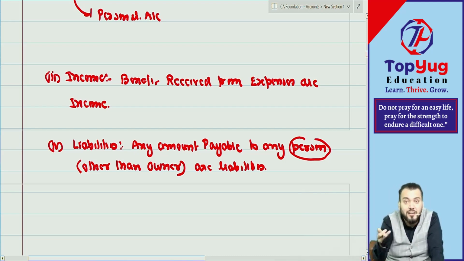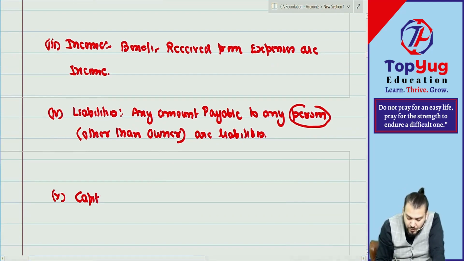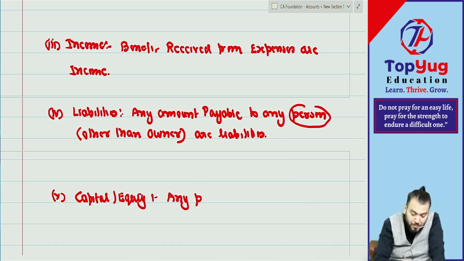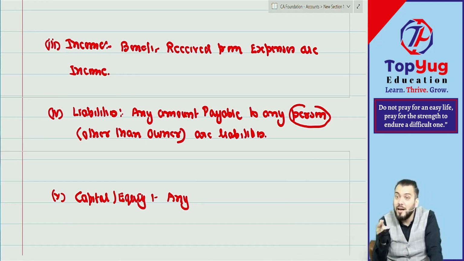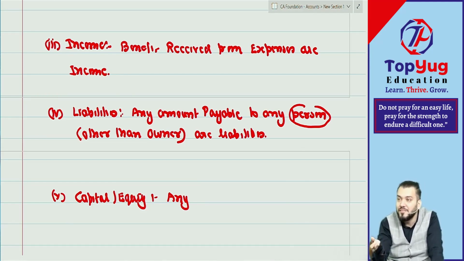Similarly, point number 5, capital, or you can say equity. So can I say any amount payable to whom? Owner. And payable by whom? By business. That is silent because we are doing accounting for business. The benefit will be derived by business only, so this amount will be paid by business only.